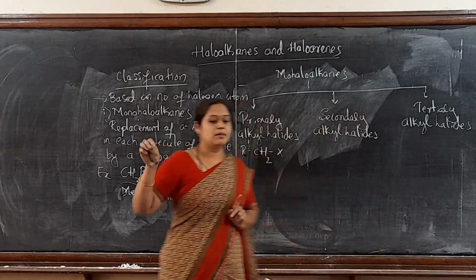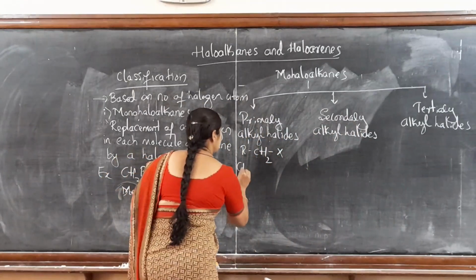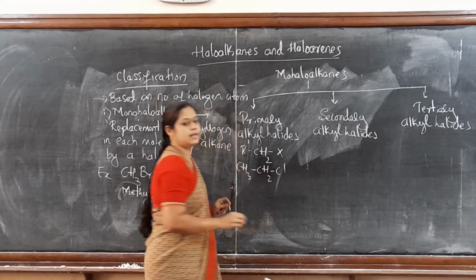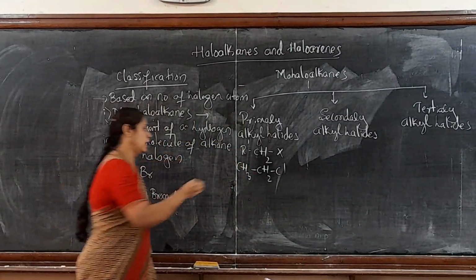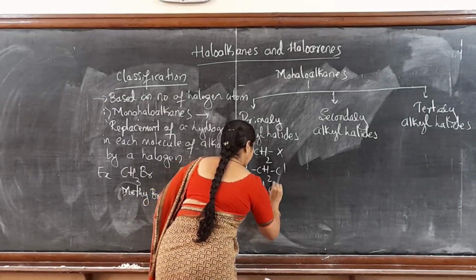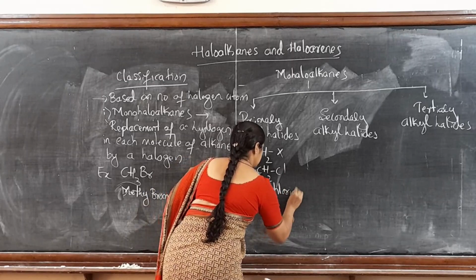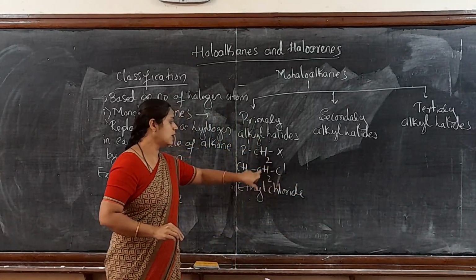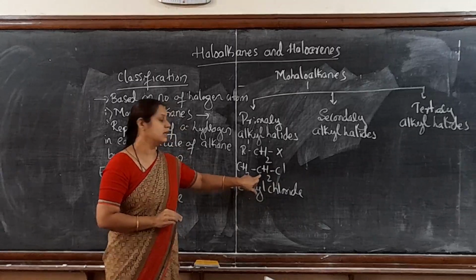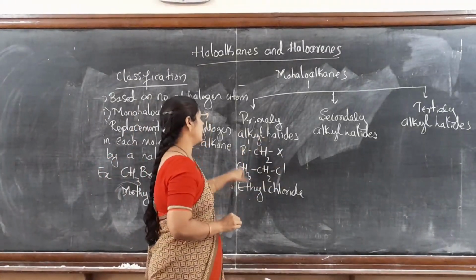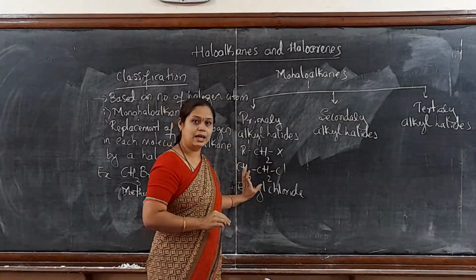For example, CH3CH2Cl, ethyl chloride, where the halogen atom is attached to a primary carbon. So it is called a primary alkyl halide.